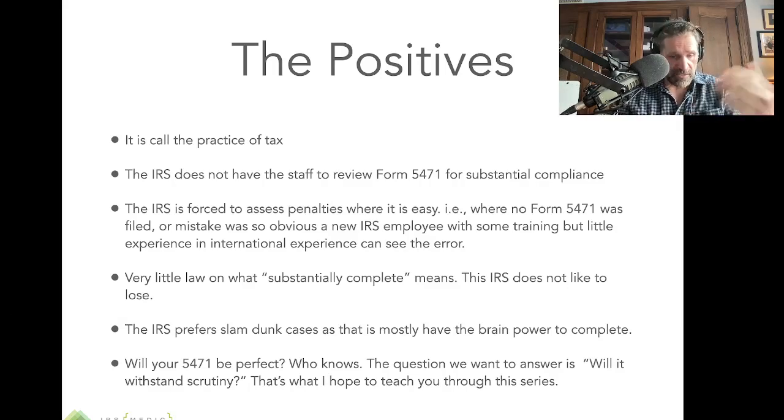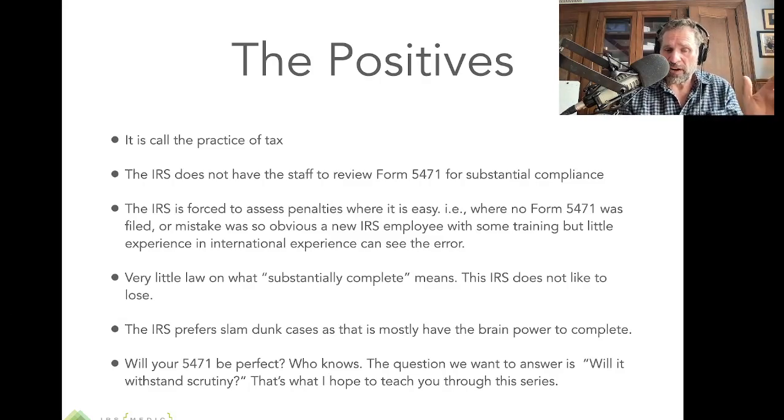Well, the IRS, in its lead sheet that it sends to appeal, put all its law that it says supports our contention that this 5471 is substantially incomplete. And when you look at it, every single case they cite has nothing to do with substantially incomplete. It has to do with whether or not they filed one or not. So they claim the law supports their proposition, which it doesn't.